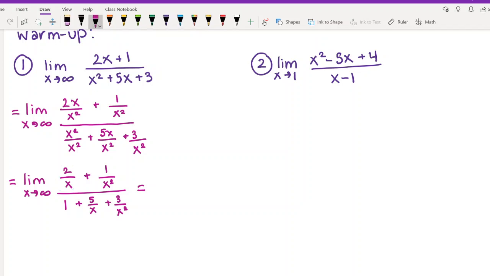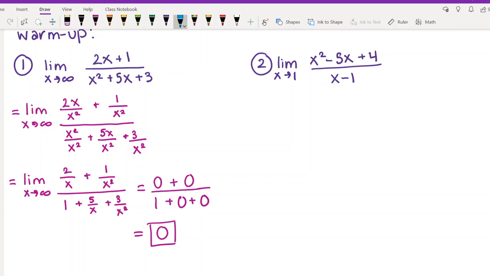Because with limits you're allowed to take the limit of each part individually, we can bring the limit inside and see what we get for each part. So we get 0 plus 0 over 1 plus 0 plus 0, and that is equal to 0 as our final answer.